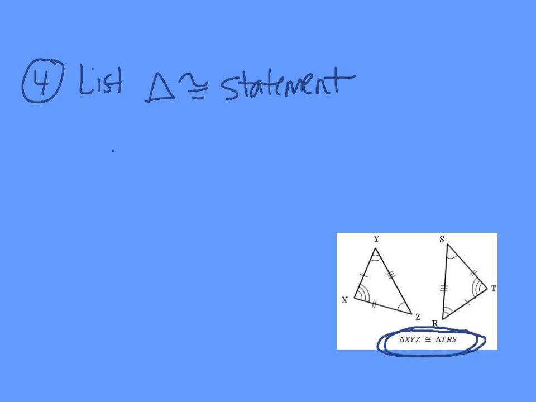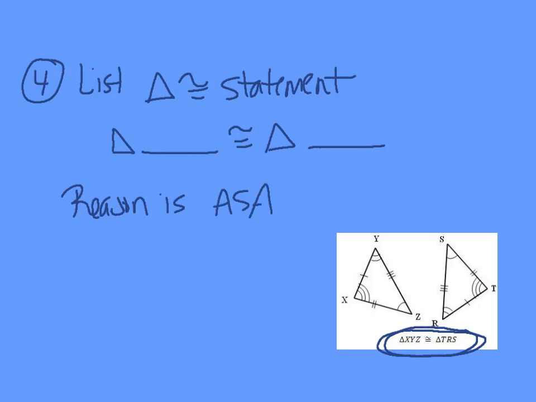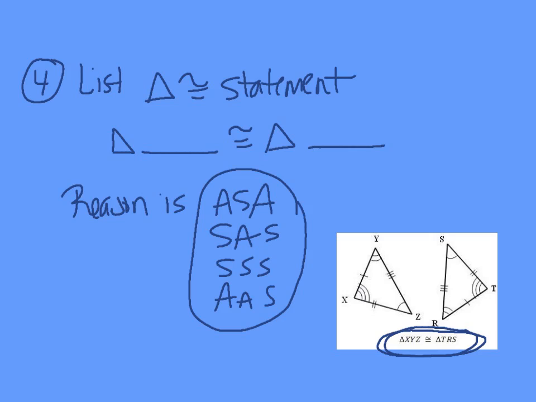So your triangle congruent statement is triangles blah blah blah is congruent to triangle blah blah blah. And the reason then is always those 4 that we talked about earlier. So the reason is either ASA, SAS, SSS, or AAS. Those are the 4 possible combinations of 3 letters.